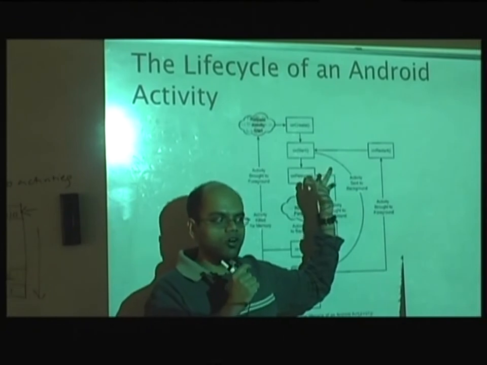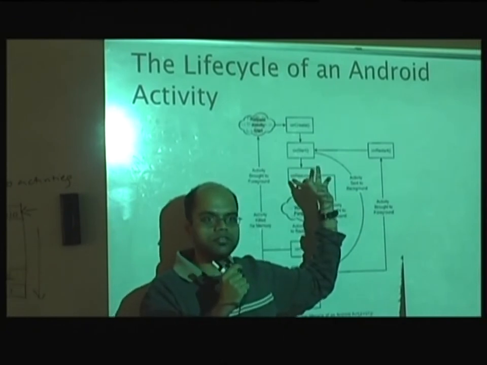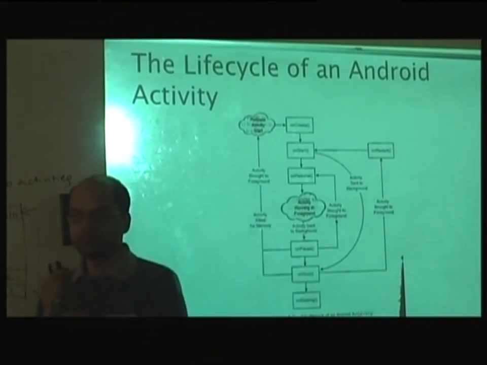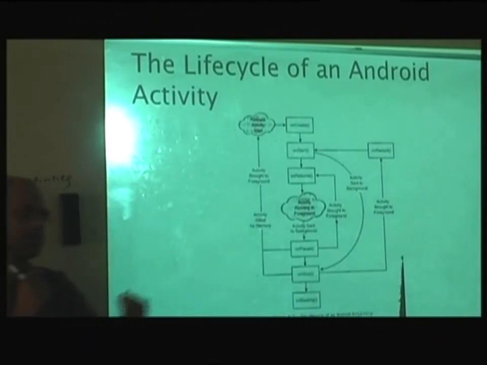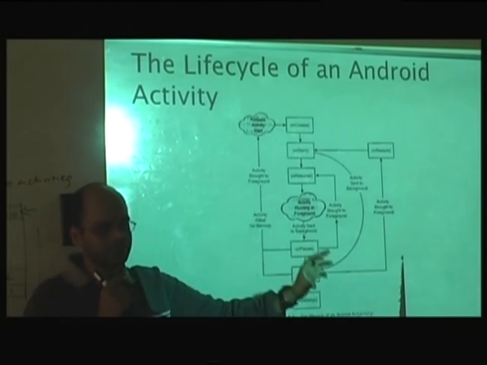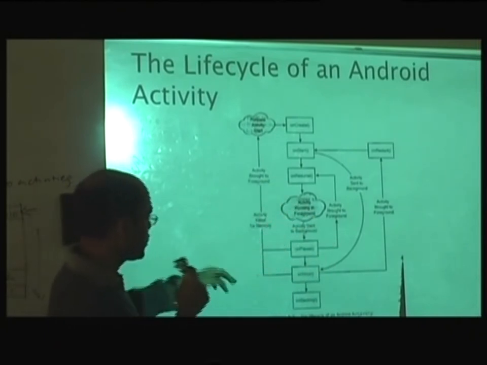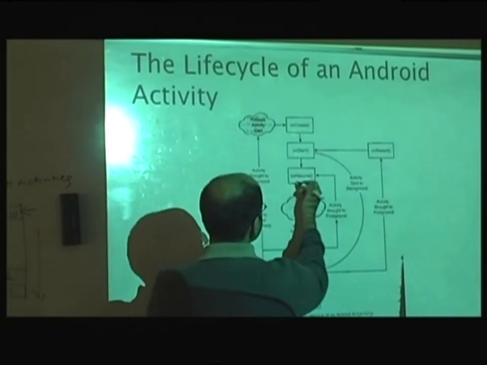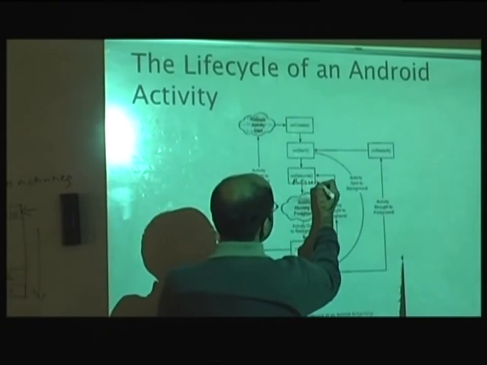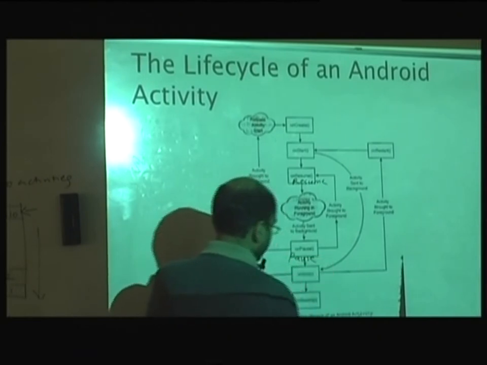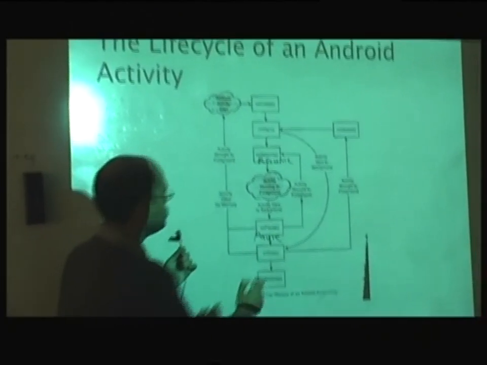So onResume is very simple. It is the same concept, just like there was pausing and resuming in Symbian, you do the same thing in Android. They just did the same thing that was there in Symbian, no difference at all. So you see this is resume, and then this is pause.